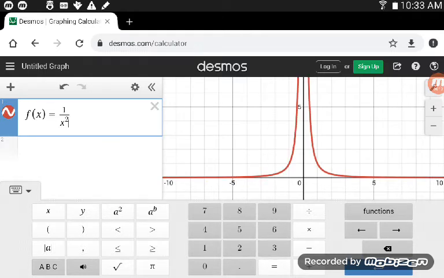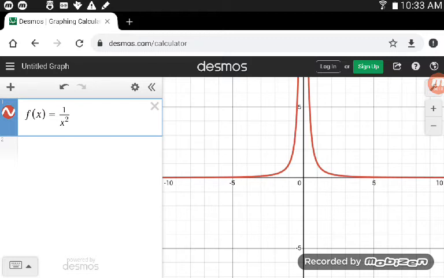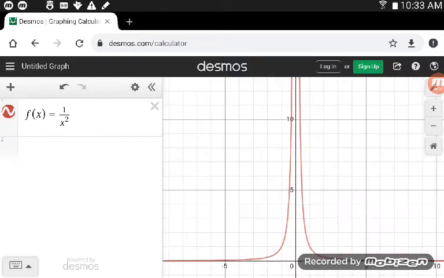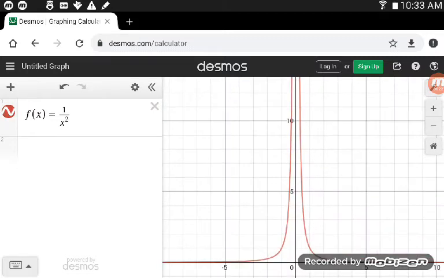Great. Okay. And so graphically, I see this thing heading up toward positive infinity as it heads towards 0.